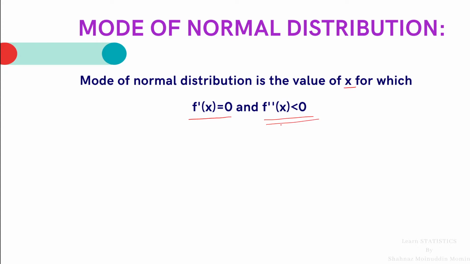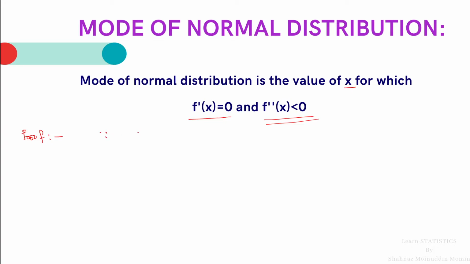Means mode is the value of x which is the solution of first derivative of PDF is 0 and second derivative is negative. Now we shall start with the proof of obtaining the value of mode.